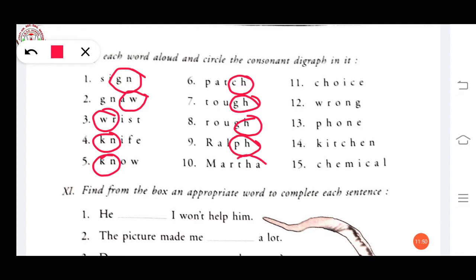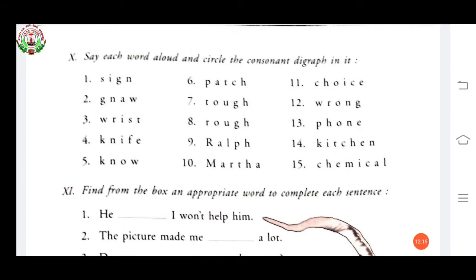Phone, PH. Kitchen, TCH. Chemical, CH. Okay, so like this you have to do the eighth exercise.